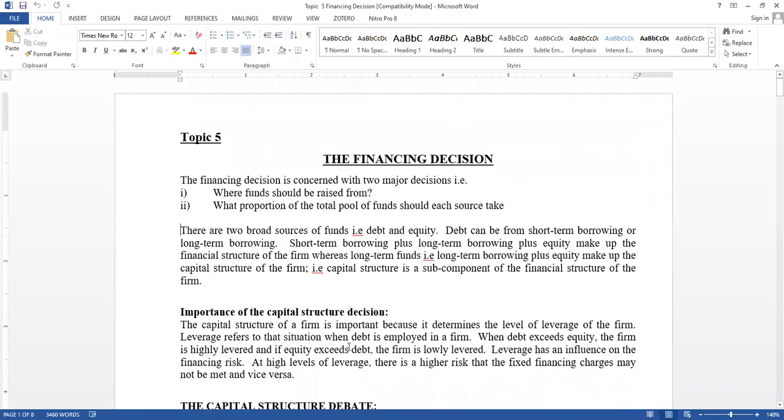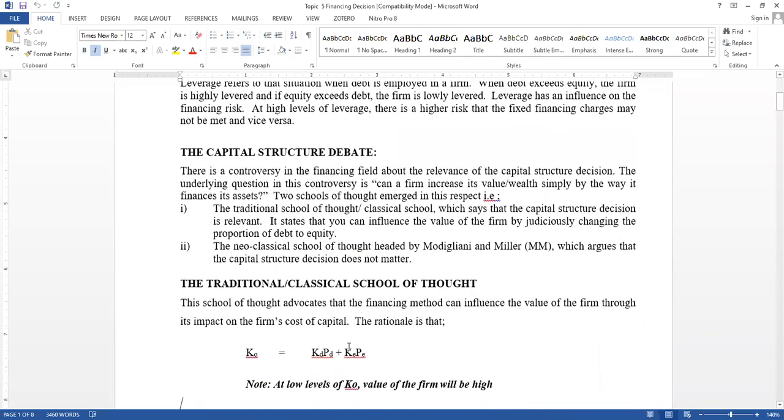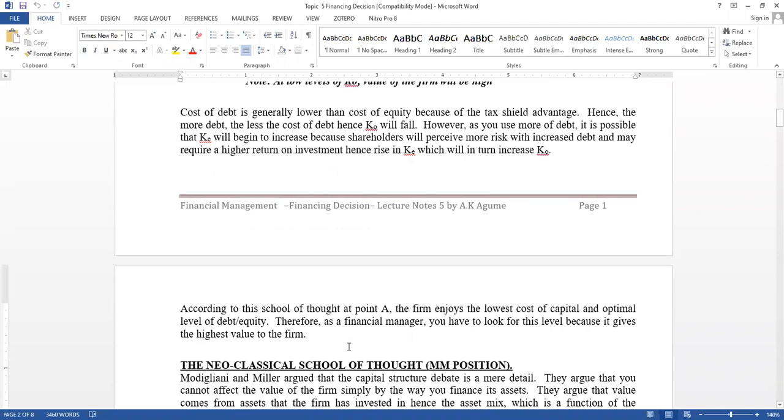However, if a company employs more debt, it is possible that KE will begin to increase, because shareholders will perceive more risk with increased debt and eventually may require a higher return on investment. Hence, KE will in turn increase, because if you are going to invest in a company and you look at its statement of financial position, yes, the company has got assets, but you find that most of these assets are financed by debt.